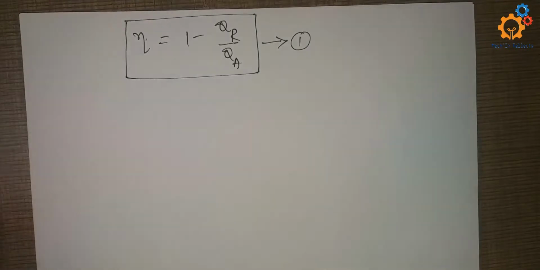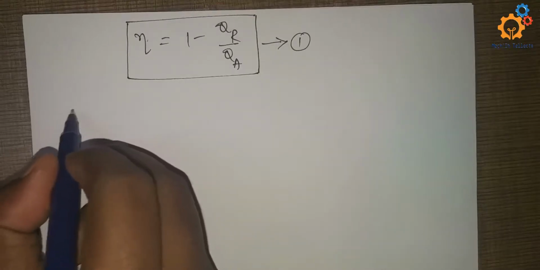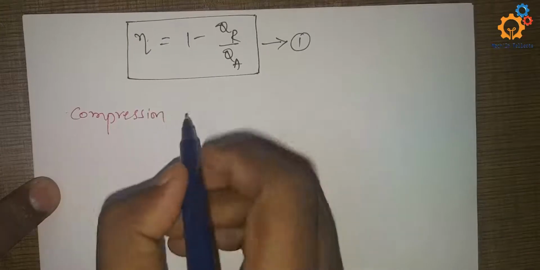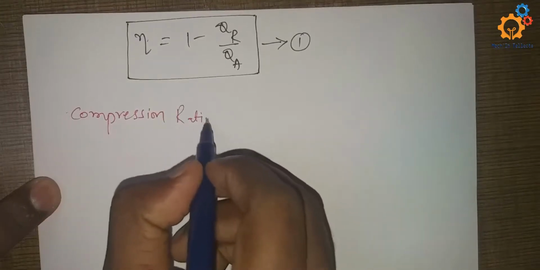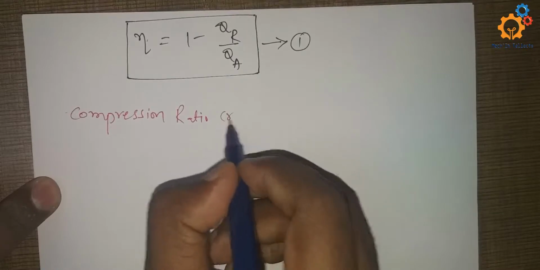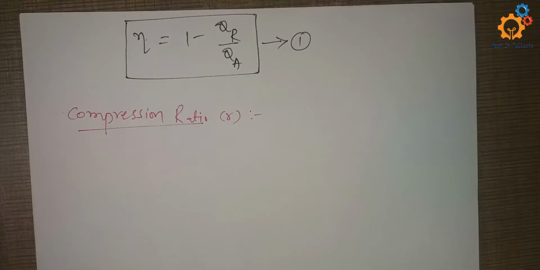Now I will define something here which is very important in Otto cycle, that is compression ratio. And it will be represented by R. Okay, compression ratio.